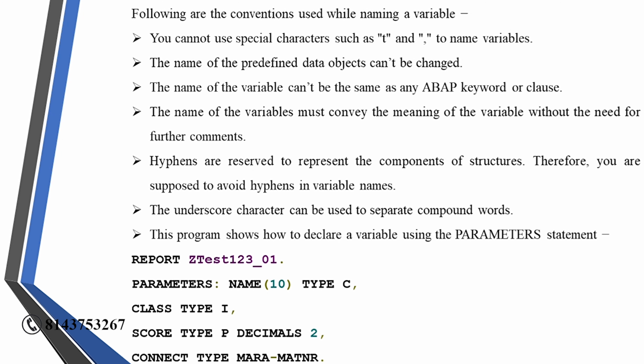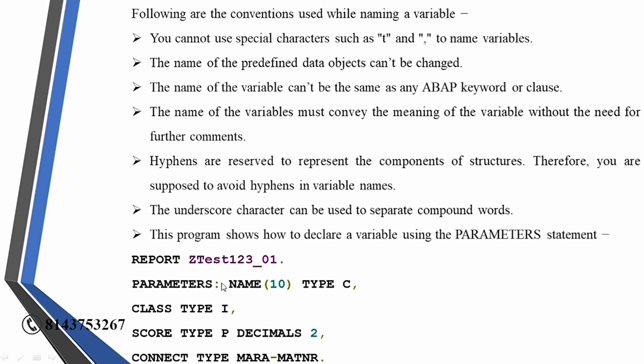See here, we have a sample program called JTest123_01, which has PARAMETERS name(10) TYPE C. That means name is a character variable which holds 10 characters.